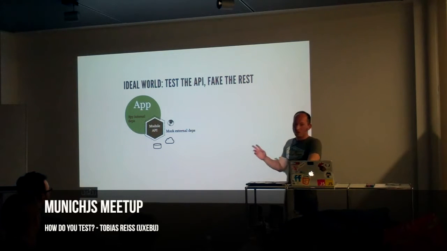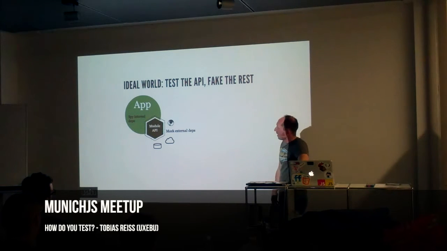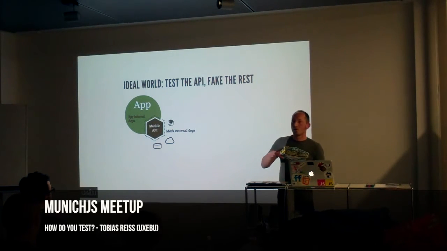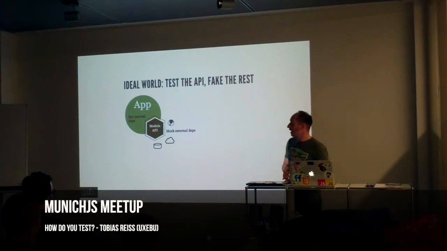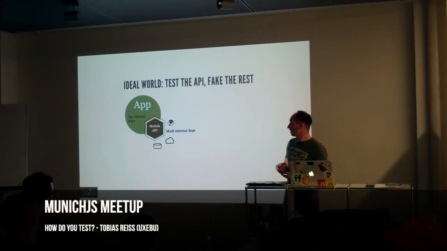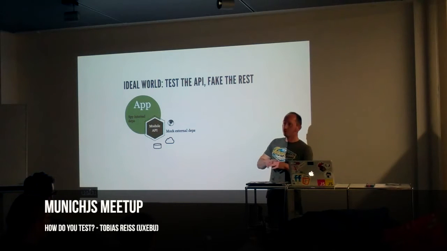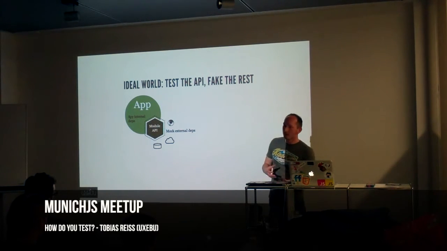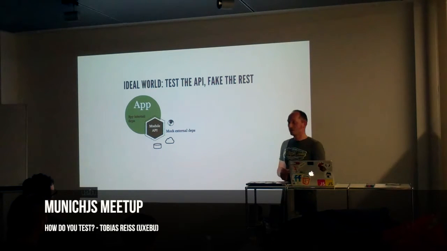Let's talk about the ideal world. As I said, you have a contract. You have a contract to the modules within your app, and you're using other modules that also share a contract, and those contracts are allowed to be faked within your unit test. So you don't have to really wait for seconds if you use a timer.